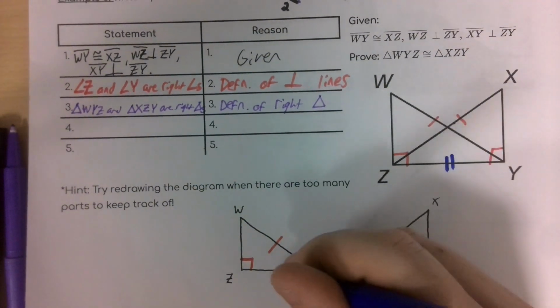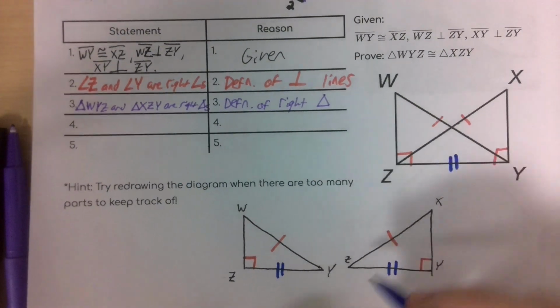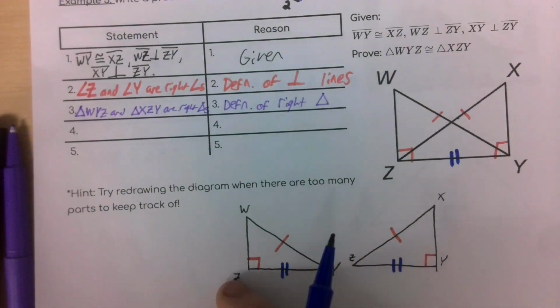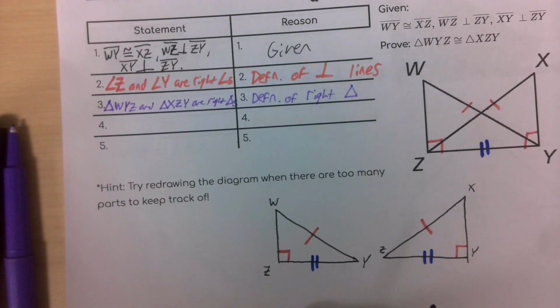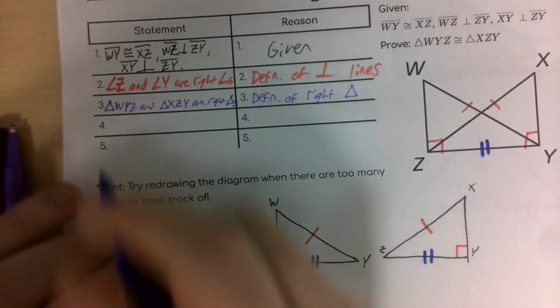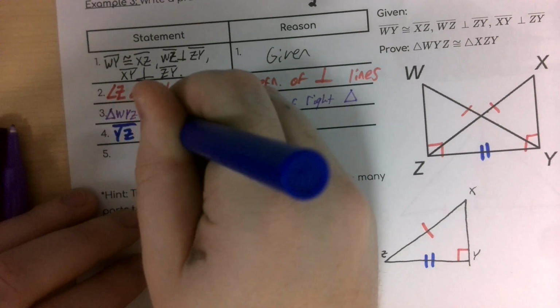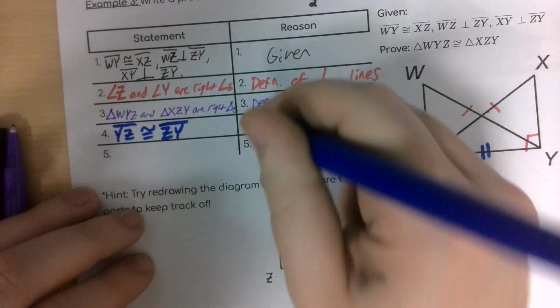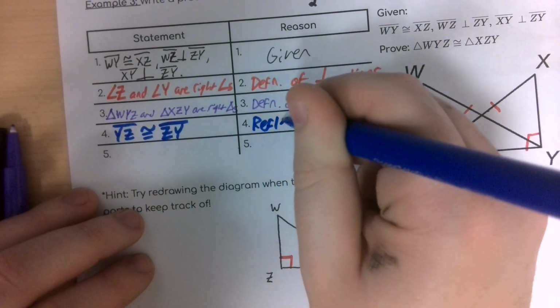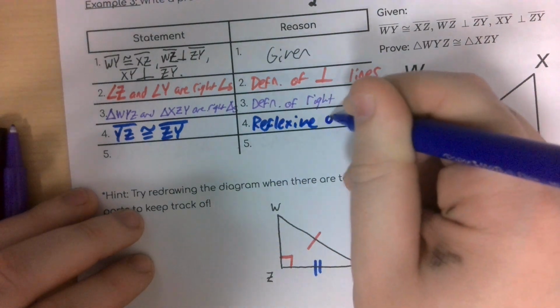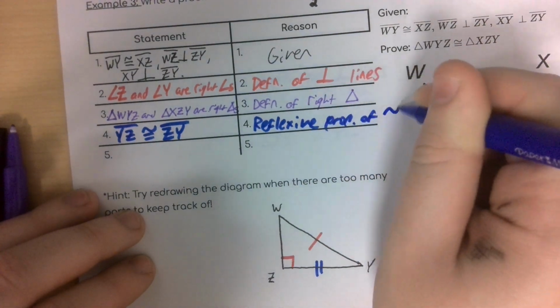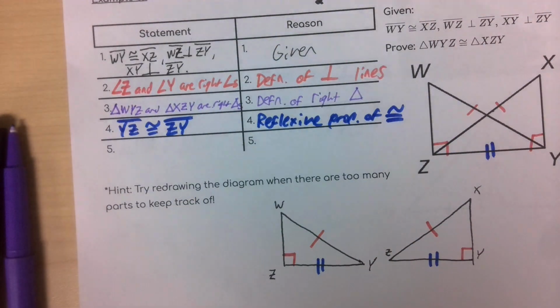They're reflexive. In other words, YZ in this first diagram and ZY in the second are the same line. That means they have to be congruent. So YZ is congruent to ZY by the reflexive property of congruence.